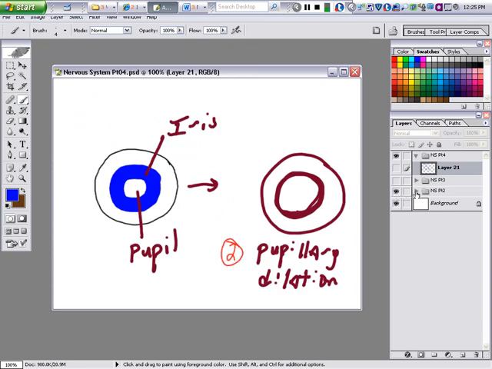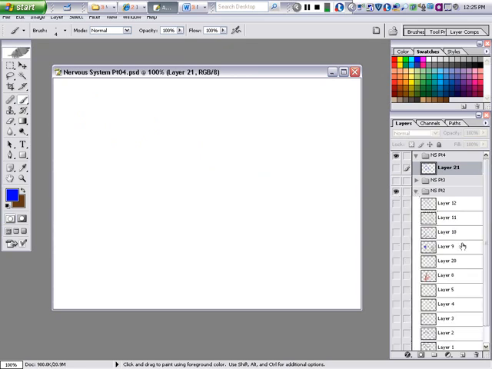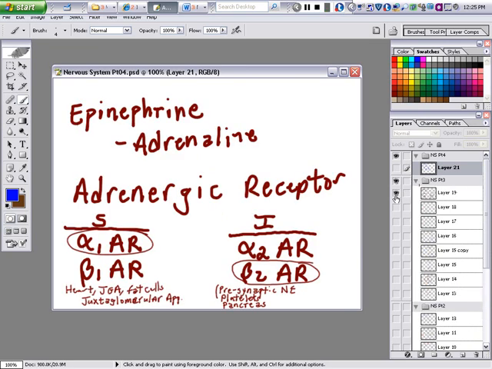Now last time we were trying to figure out what type of receptors. Remember, there are two types. Let's go back here to our review. There are two types of adrenergic receptors. Remember, the typical adrenergic compound is epinephrine.